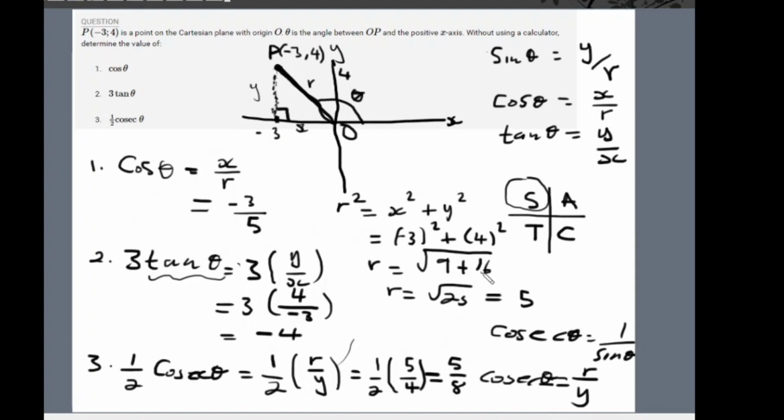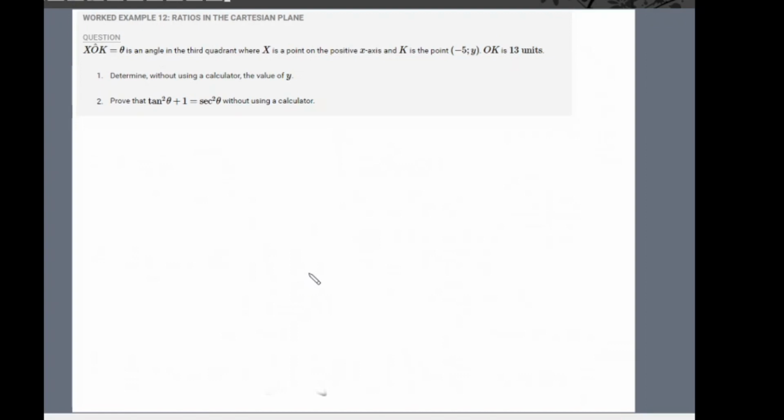So let's do another example. We have this question here: theta is an angle in the third quadrant where X is a point on the positive x-axis and K is the point (minus 5, y).